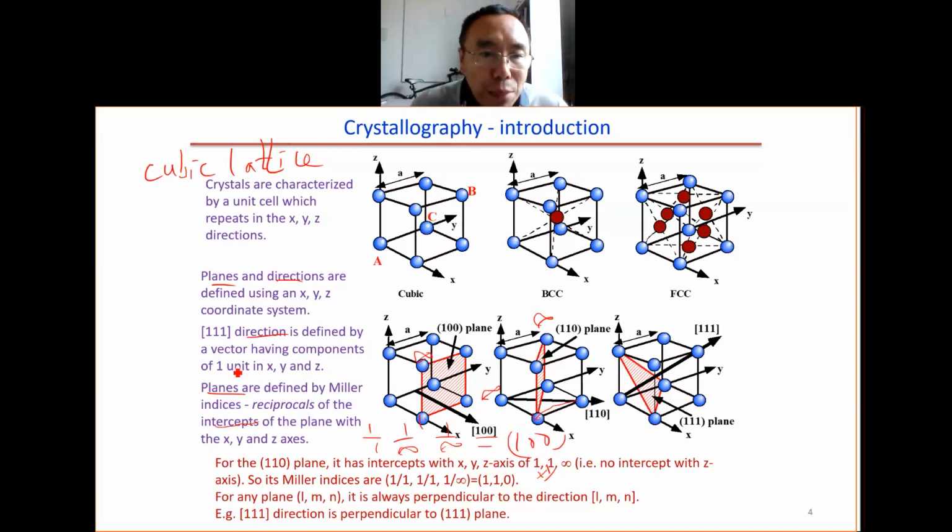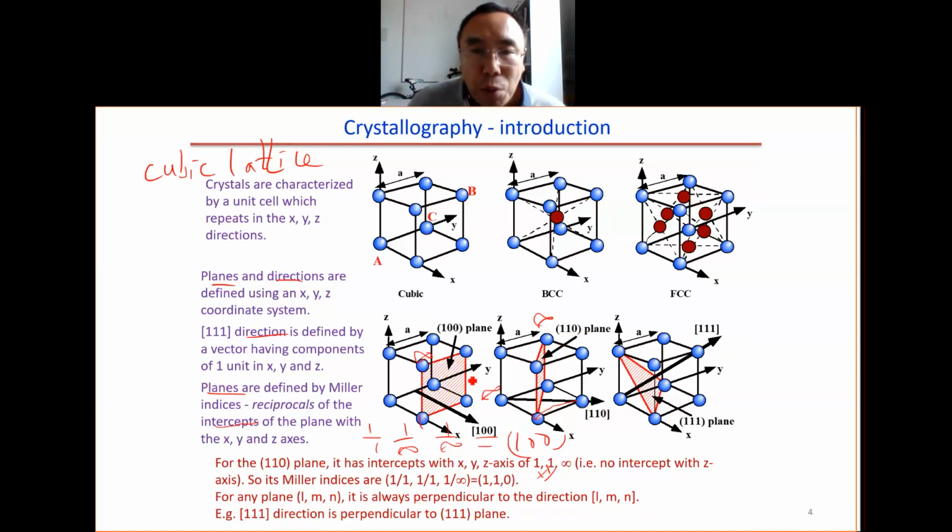For any plane LMN, it is always perpendicular to the direction LMN. For example, you can look here: the 111 direction is perpendicular to this 111 plane, the 110 direction is perpendicular to this 110 plane, and the 100 direction is perpendicular to this plane.